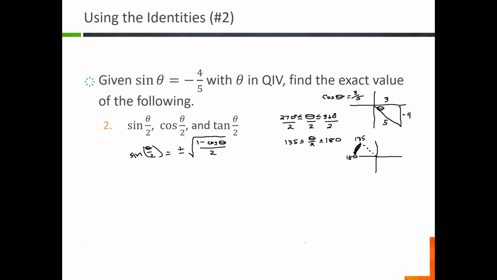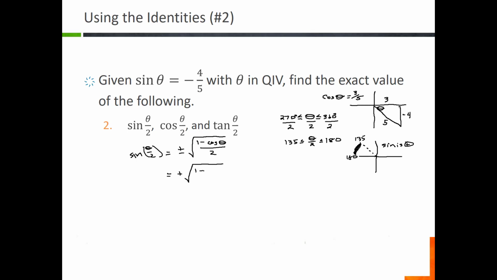So we're talking about some angle in the second quadrant. Now, what do we know about sine in the second quadrant? Sine is positive in the second quadrant. So we know it has to be a positive square root.